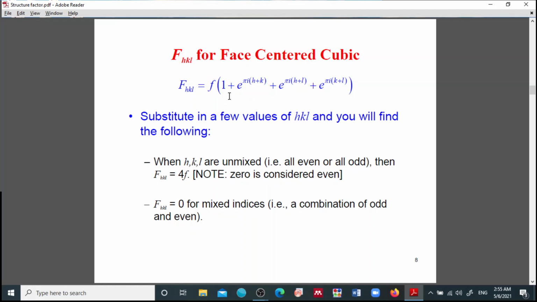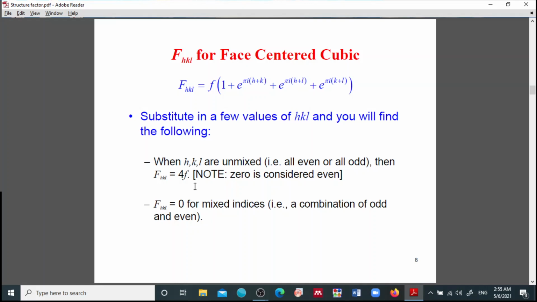Then these atomic planes are allowed to reflect or diffract in a face-centered cubic structure.